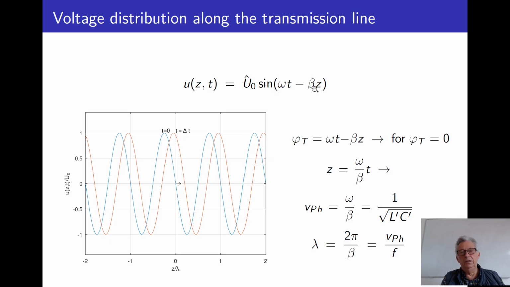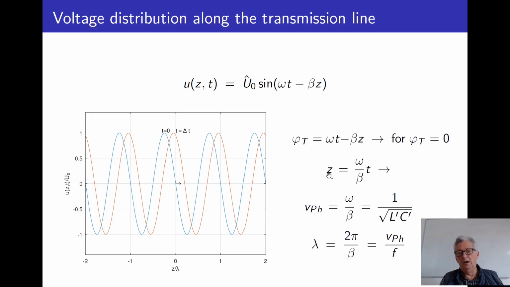And of course here we have a sine function, and I call this the total phase. And now I want to have a look at a special point of the total phase, which I call phi equal to 0, and this is in principle this point. And the question is now, what happens with this point if we change the time?